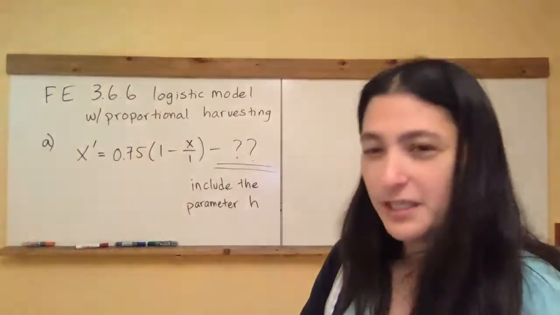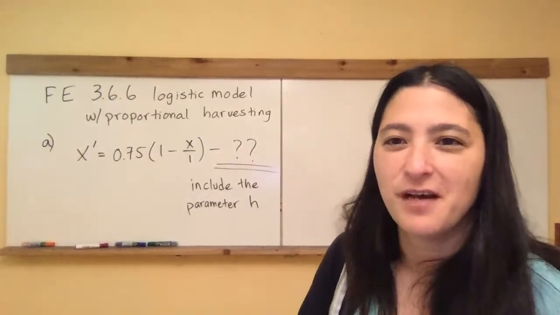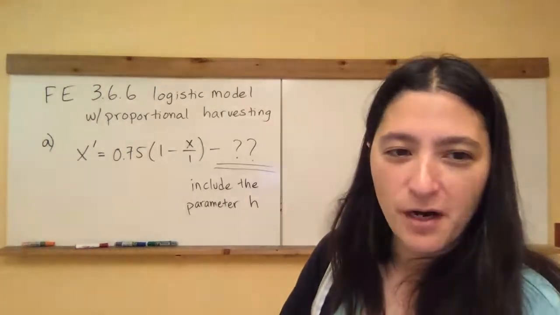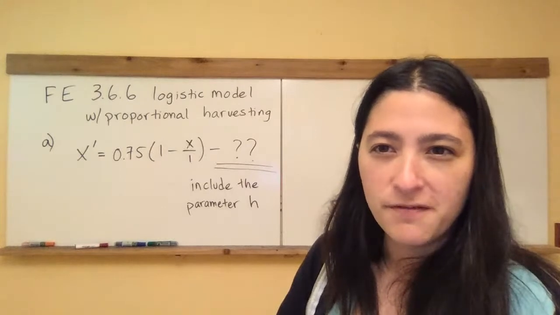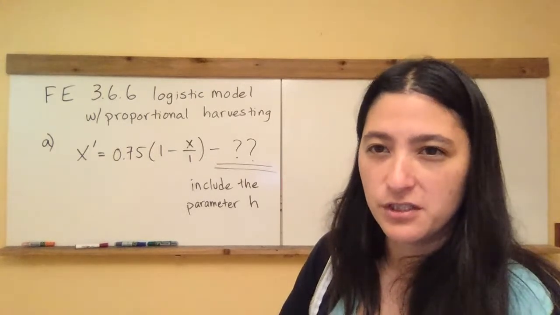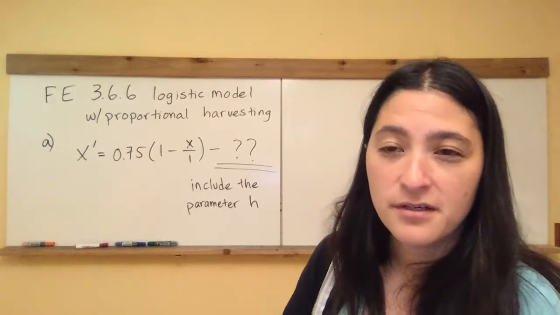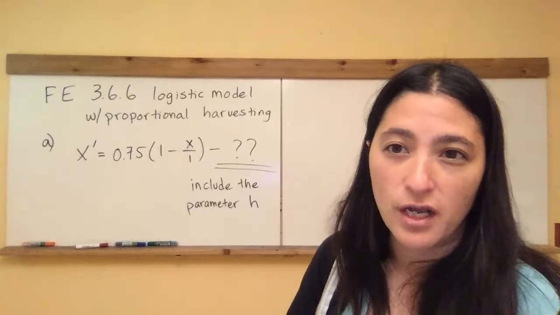Let's think about it maybe with a specific value. Okay, because it says a fraction h of the population is hunted each year. So what if half of the population was hunted each year? What if I took out half? How would you describe half of the population? What would you write?